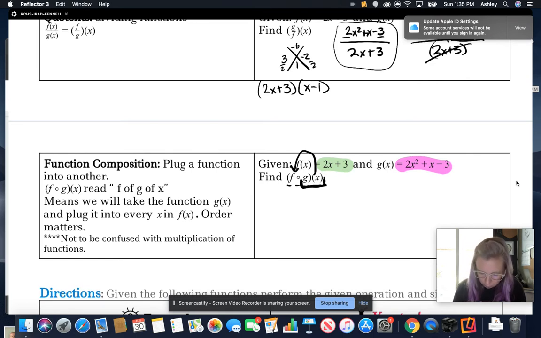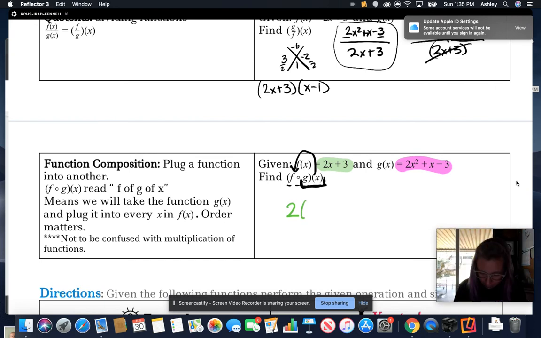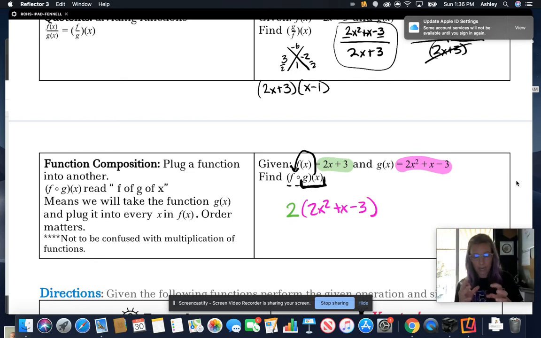So in green here, we have this 2 from my f of x function, and then I have that x. So that's where I'm going to drop in all of my g of x, 2x squared plus x minus 3. Okay, so I'm taking all of that g of x, the whole thing, and I saw an x, so I'm replacing it with everything that is in g of x.